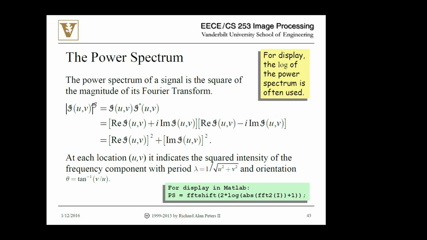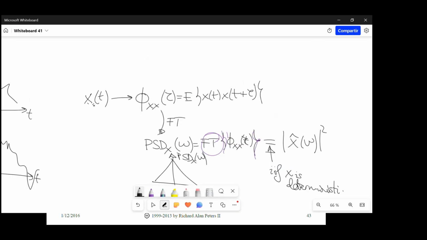So you take the amplitude, that is the power spectrum. That tells you how much energy you have. Any question?